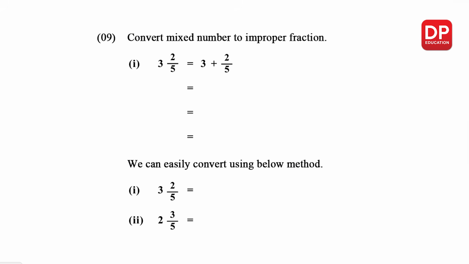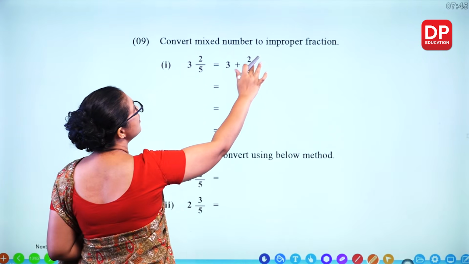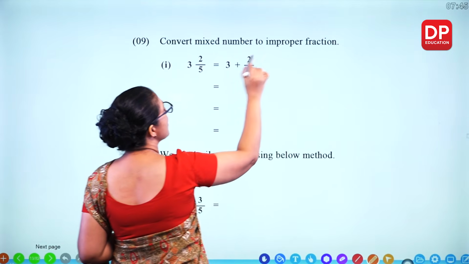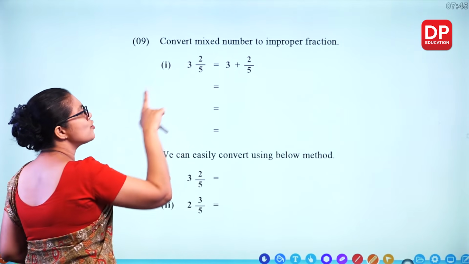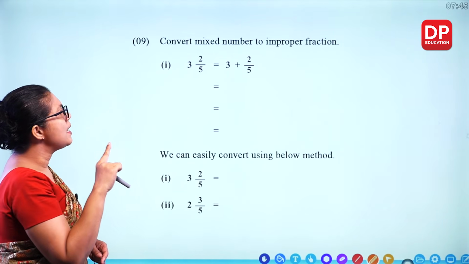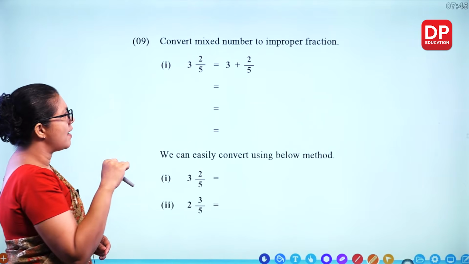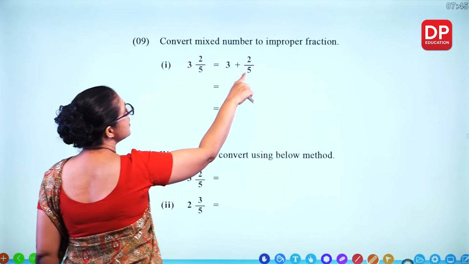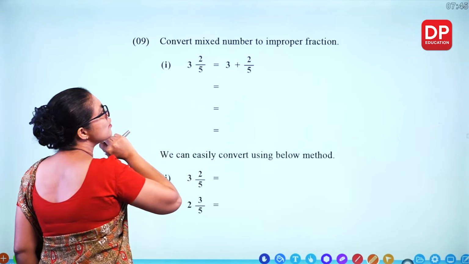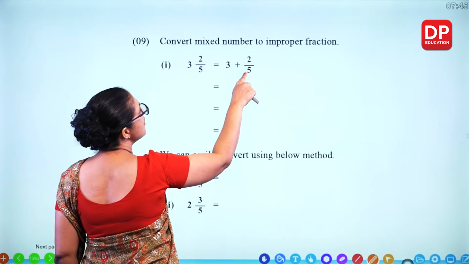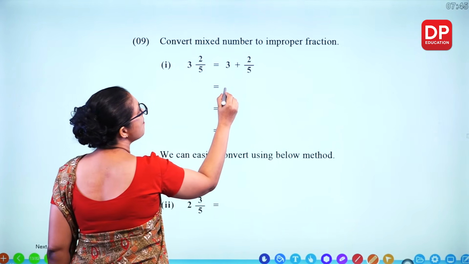Convert mixed numbers to improper fractions. So here you are asked to convert to improper fractions. Now here, 3 2/5 you can write 3 plus 2 over 5. Now how can you convert this to the denominator 5? You can multiply by 5.